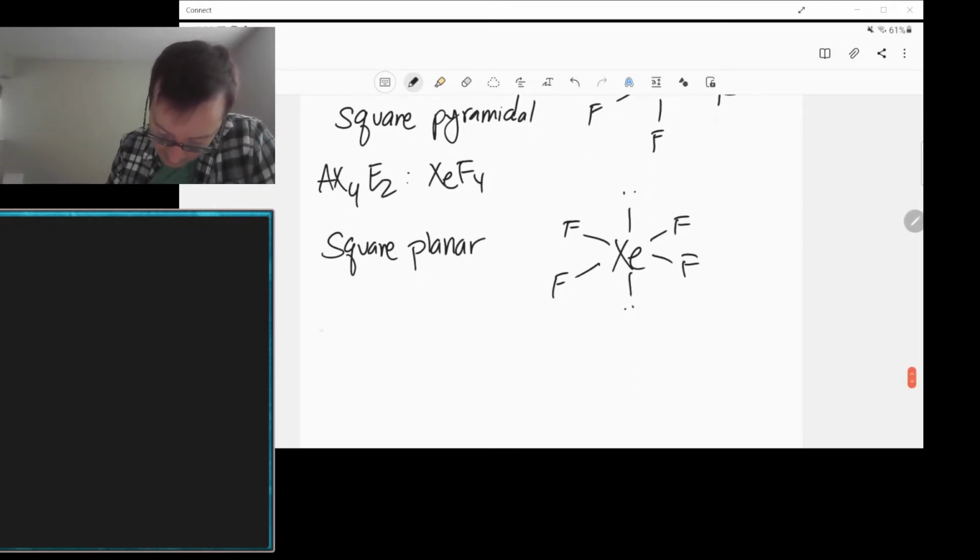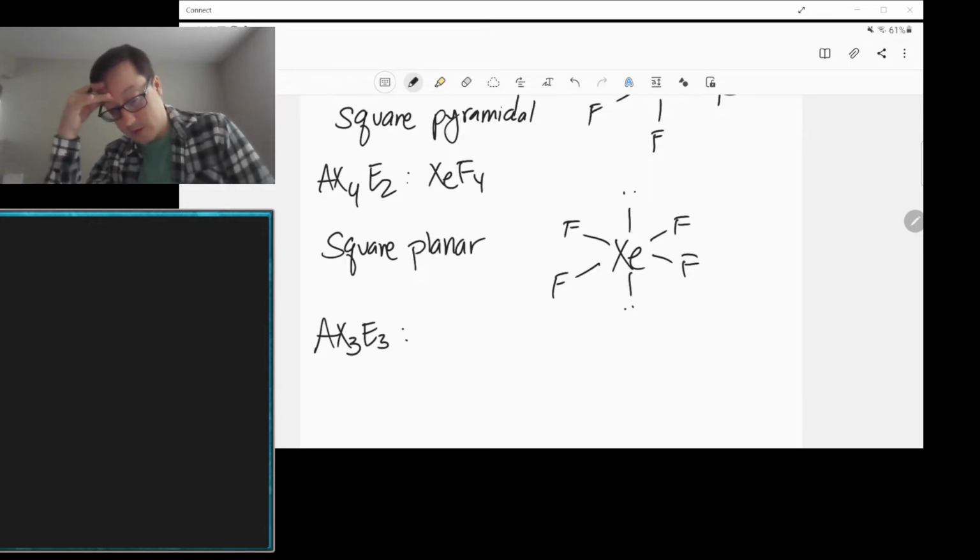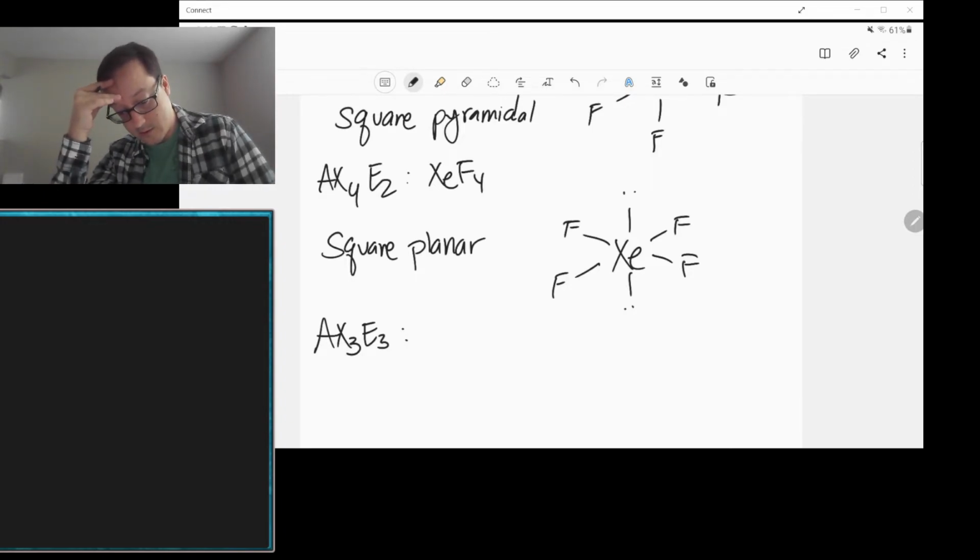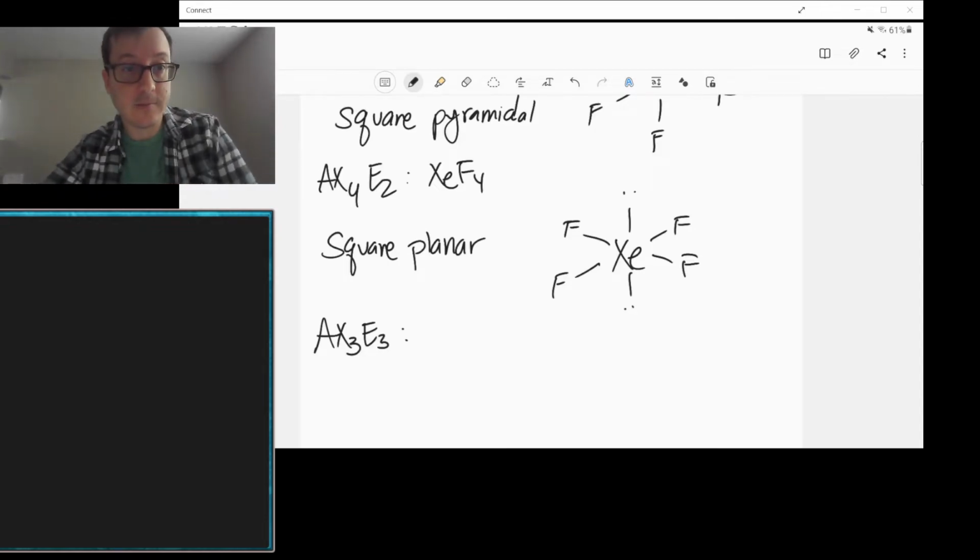All right, if we keep going, AX3E3, what would be this one? Let's see. Something with 3 outer atoms and 3 lone pairs. Let's Google it. I can't think of an example.